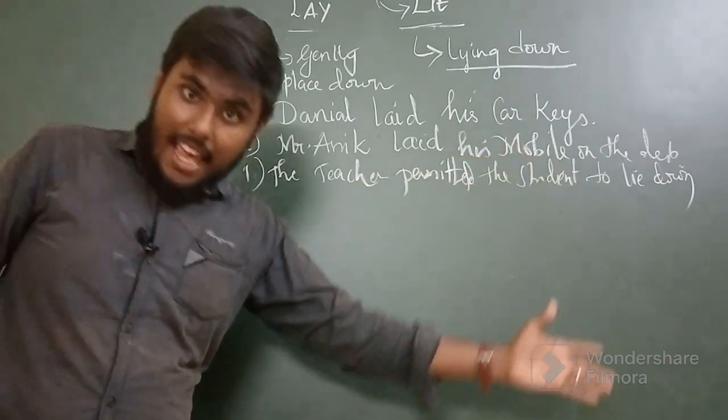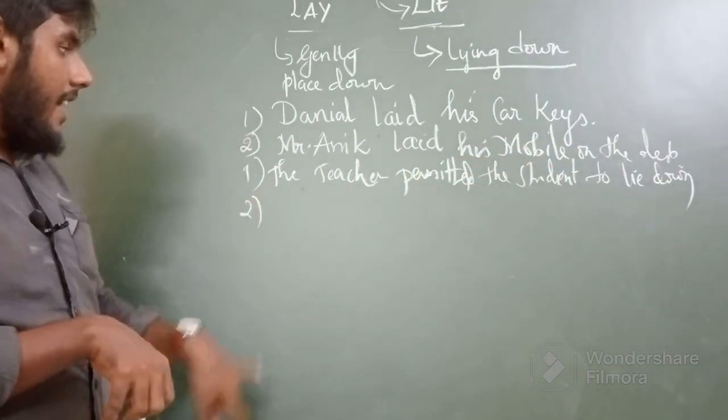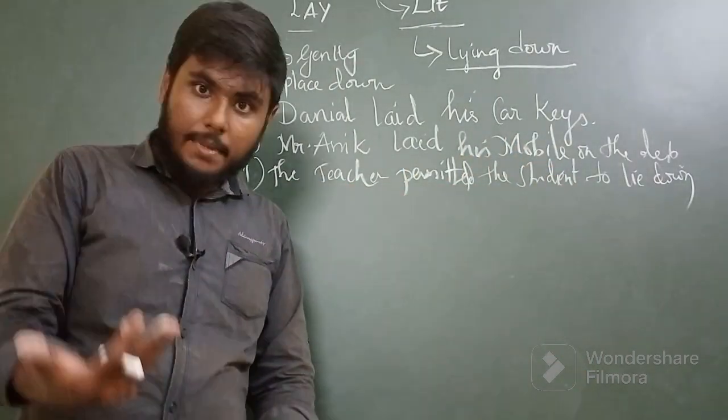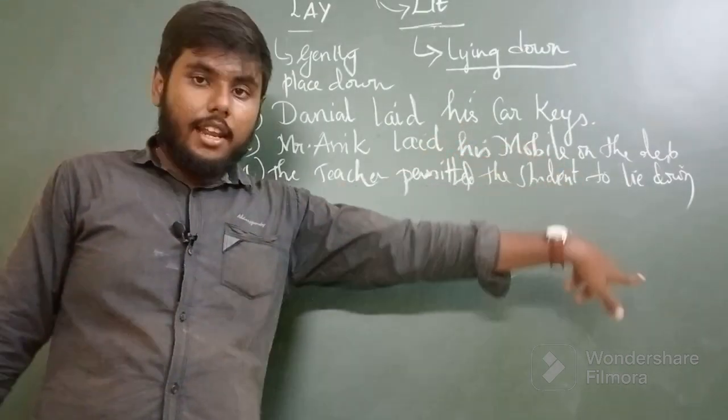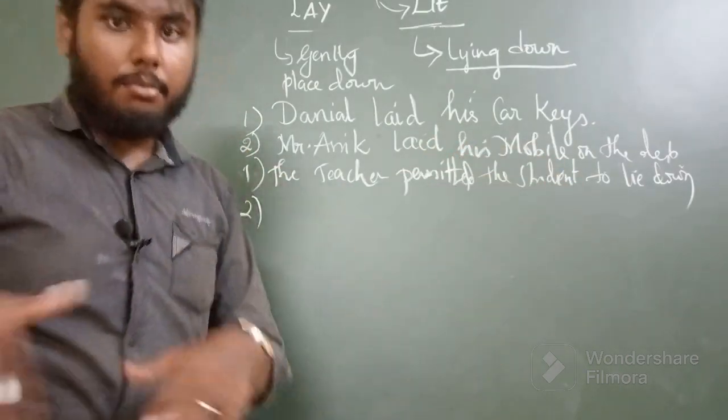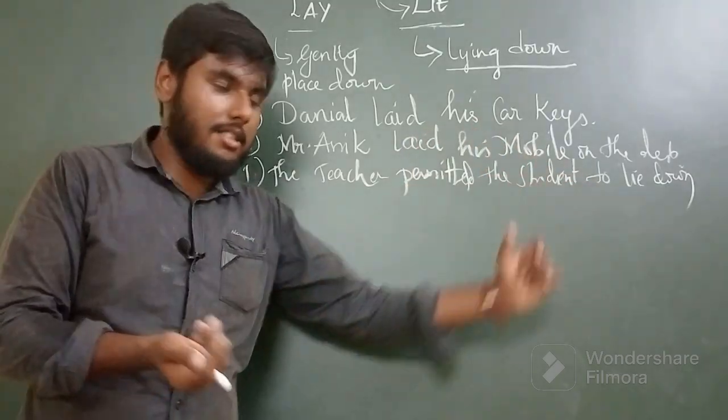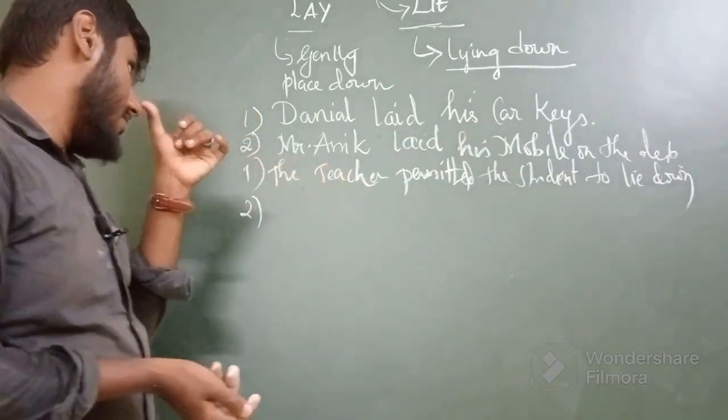Probably the student is ill, and according to this context, the teacher has permitted the student to lie down on his desk and to take some rest. So that's the meaning of this example sentence.